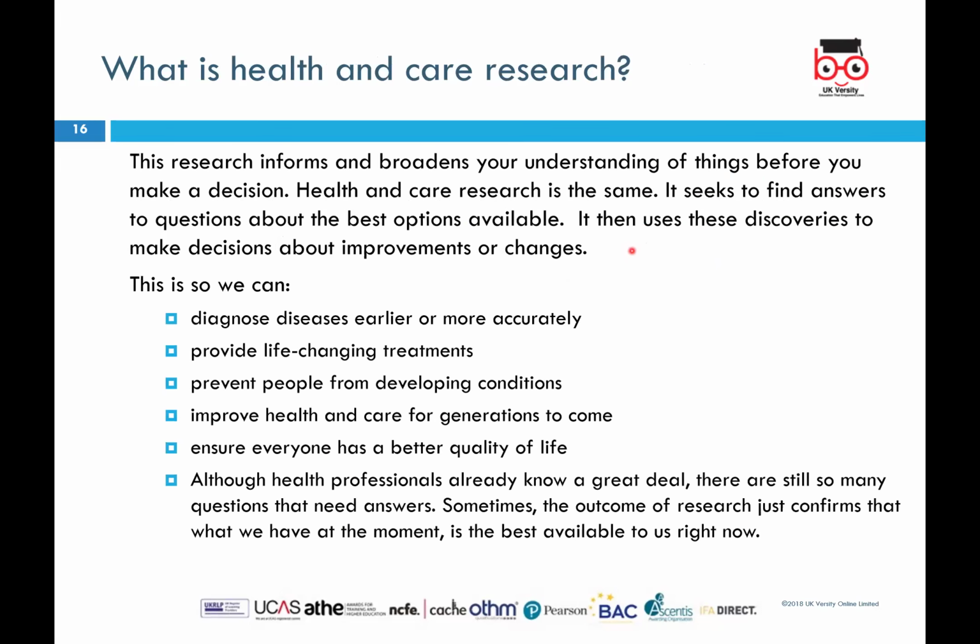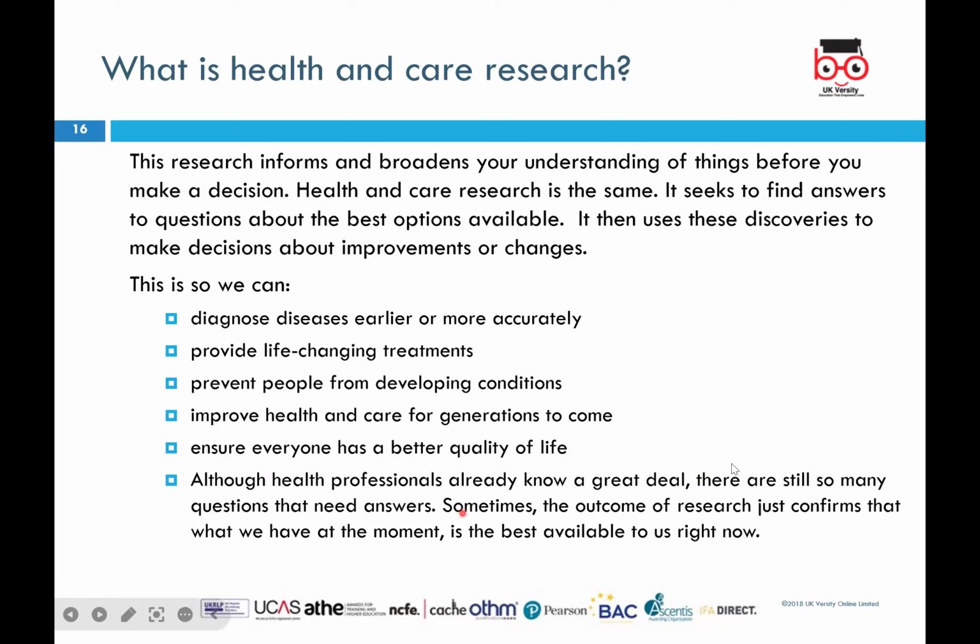So what is it about? We've talked about this yesterday. You would want to diagnose diseases earlier or more accurately with this research. You would want to provide life-changing treatments and prevent people from developing conditions. As I said yesterday, prevention is always better than cure. Improve health and care for generations to come, ensure everyone has a better quality of life.